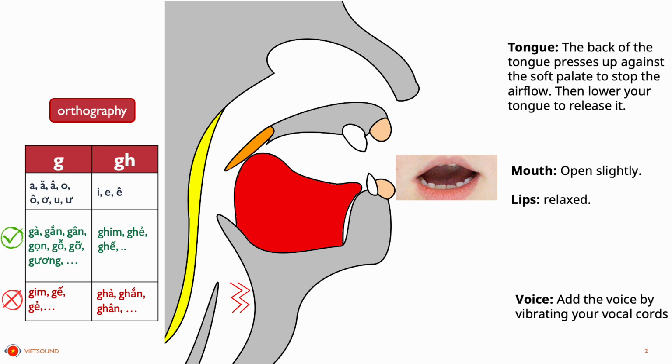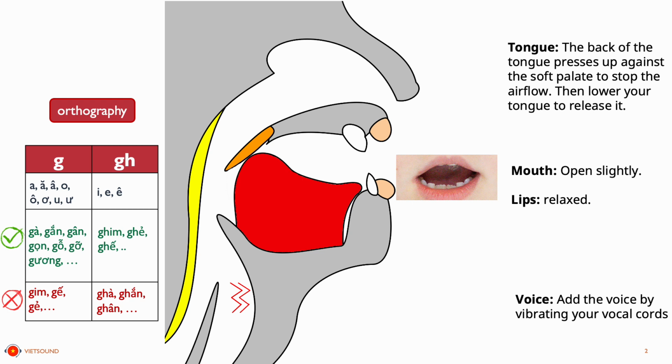And the letter G is followed by vowels like a, o, u. We have some words here: gà, gắn, gân, gọn, gỗ, gỡ, gương. So it's going to be wrong if you write the other vowels like i, e following the letter G, like ghim, ghế, ghẽ. It's going to be a mistake.